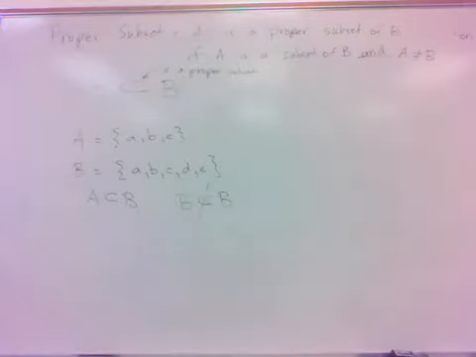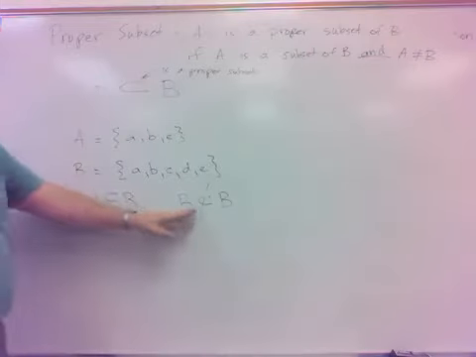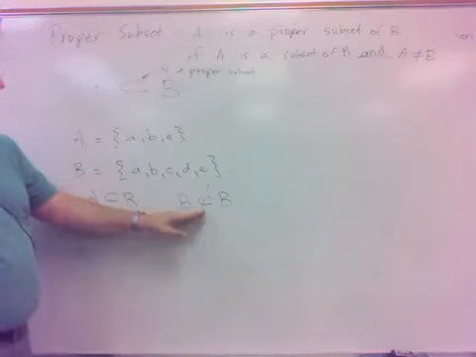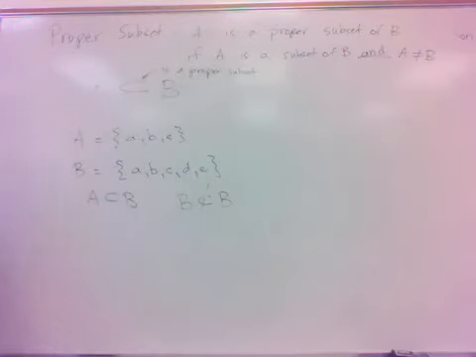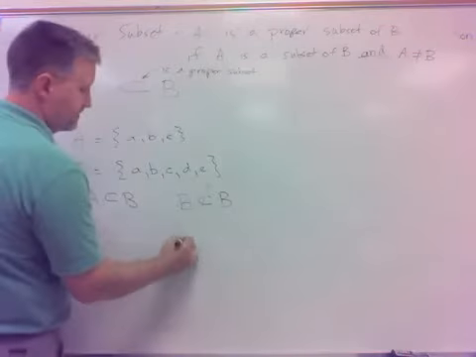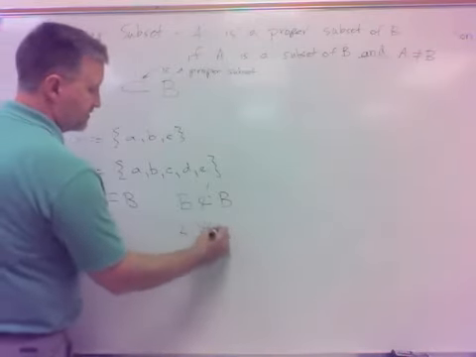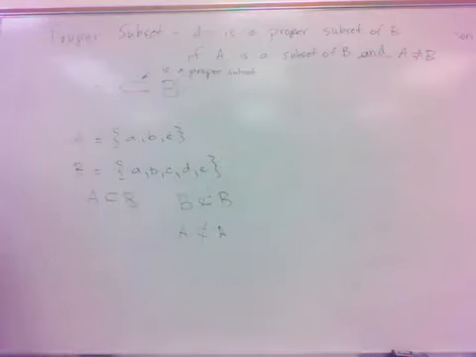It's a subset, and it's a smaller set than B. So the only ones you run into a problem with on the proper subsets is the sets themselves. B is not a proper subset of B, A is not a proper subset of A, and so forth. As long as it's a subset and it's smaller, it's a proper subset. Okay?